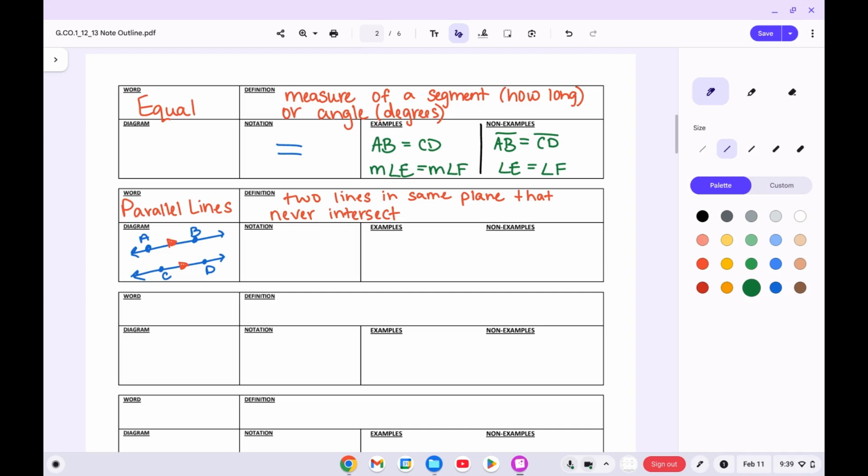Okay, now for the parallel lines, we do have a symbolic way that we can write that. So over here in the notation box, I could say that top line we could call AB. So I'm going to write line AB using the notation that we learned the other day. And then the other line would be CD, and I'm going to give that the same notation as well. And then the symbol for parallel are these two double bars that are side by side.